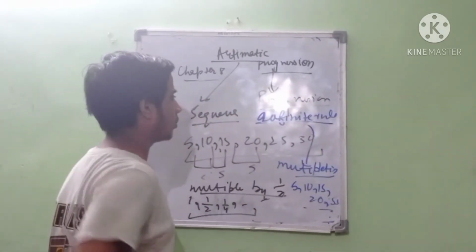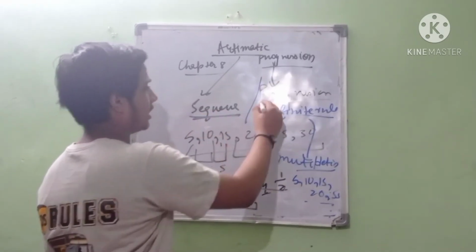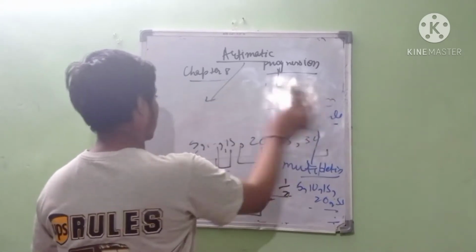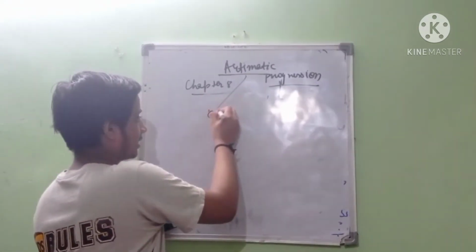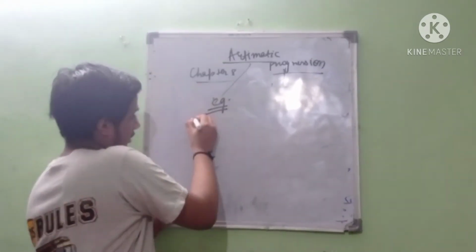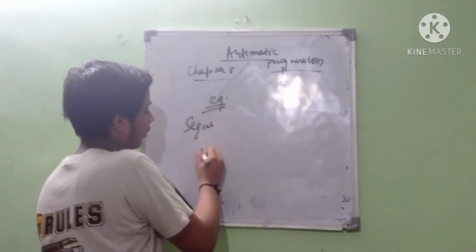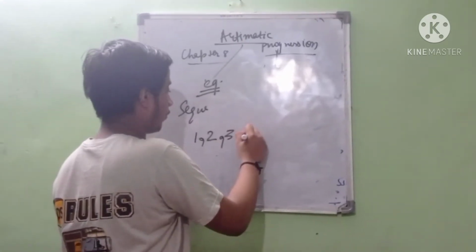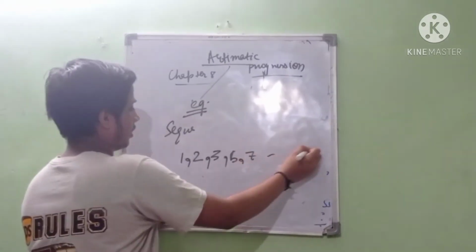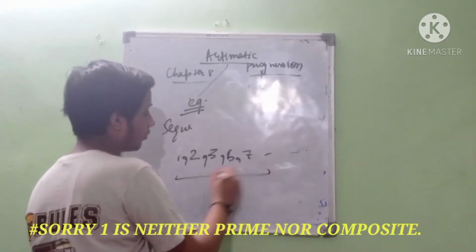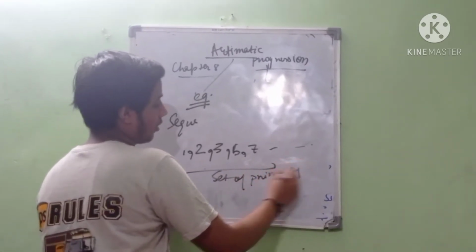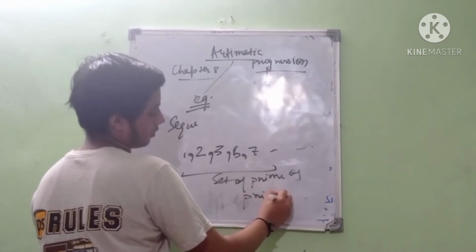So you would be thinking, what is the difference between a sequence and a progression? The biggest difference is shown with an example. The example is the sequence 1, 2, 3, then 5, 7. These are all a set of prime numbers.